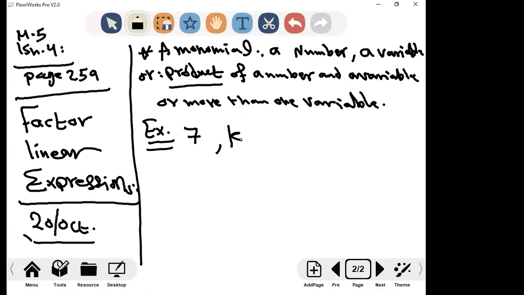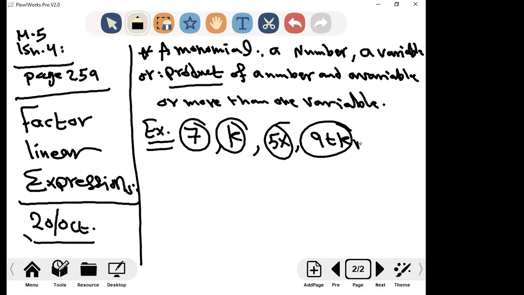Or a product of a number and one variable, like 5x. It says product, multiply, not addition, subtraction or division. Product can be a number with one variable or more, like 9tk. How many variables here? t and k, multiplied by 9. So all of these are called monomials.